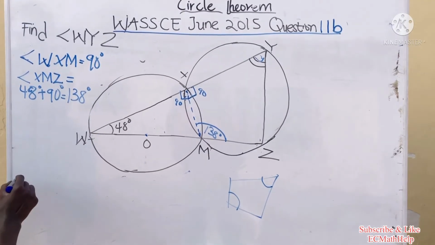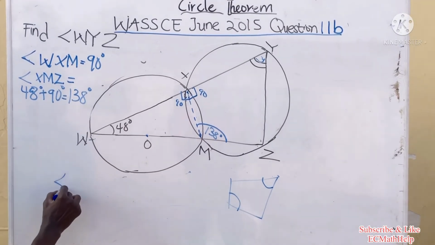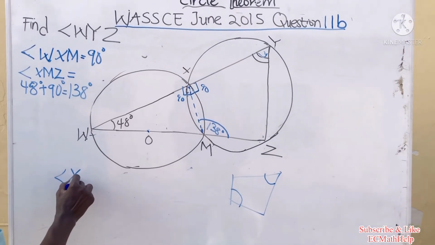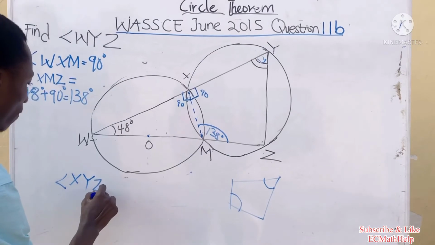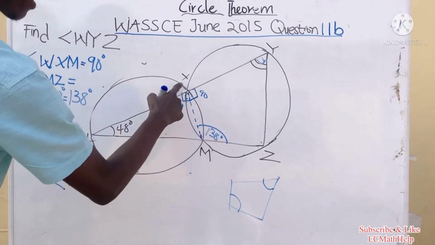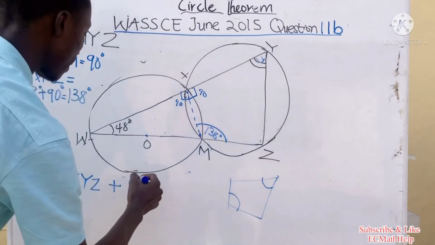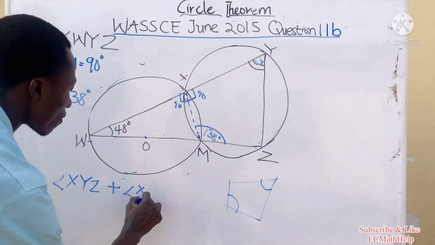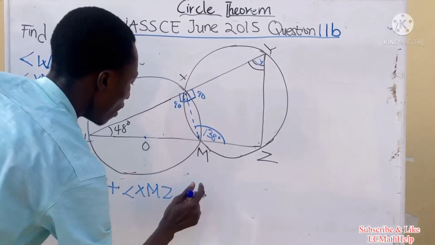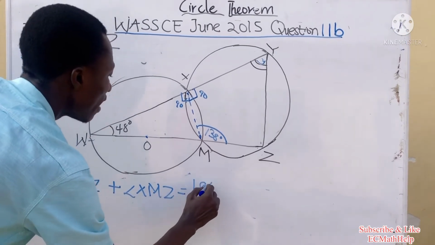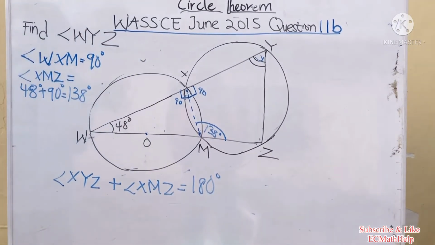So angle XYZ plus angle XMZ is equal to 180 degrees.